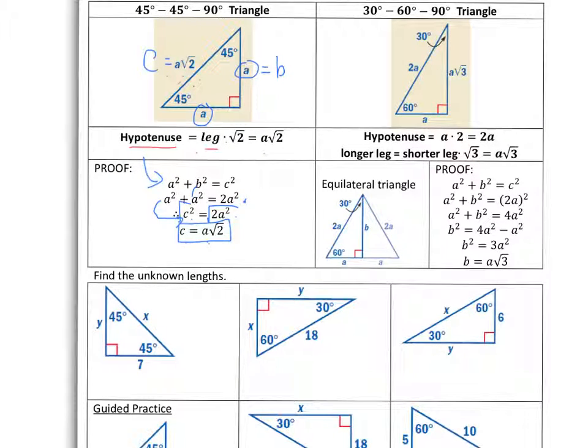Okay, let's first take a look at a 45-45-90 degree triangle practice problem. I'm given the side length of 7.